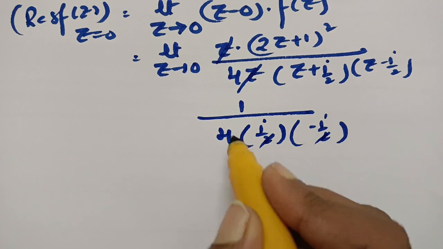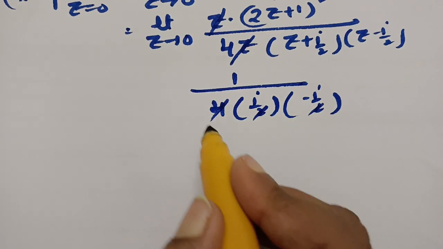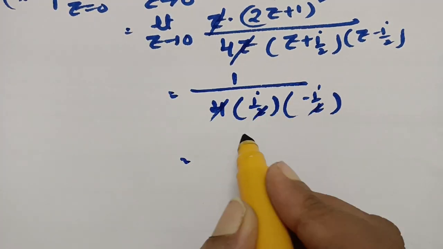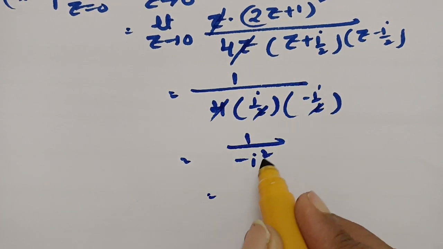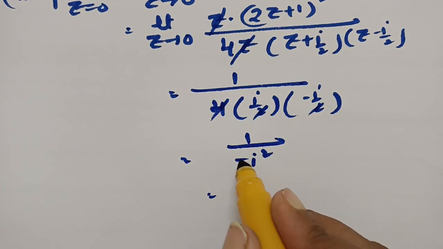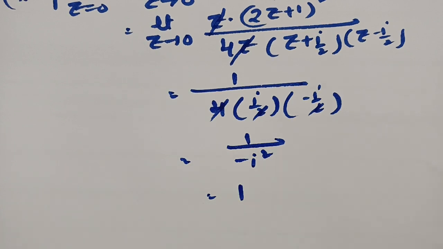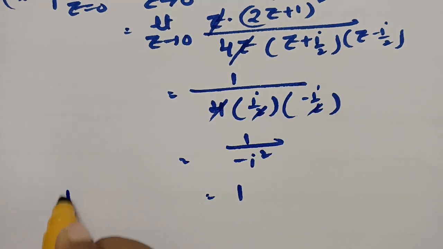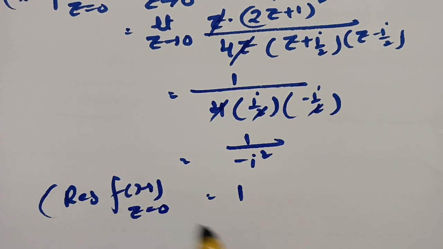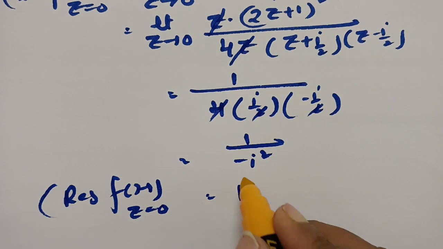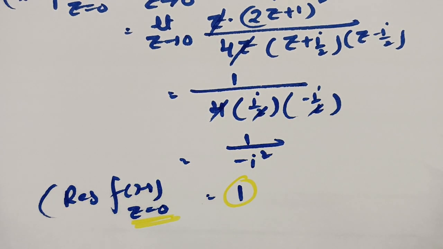So this will be minus i square. I square value is again minus 1, so minus of minus is plus 1. Therefore, the residue of f of z at the point z is equal to 0 is 1. So we got the residue value as 1 for the pole z is equal to 0.